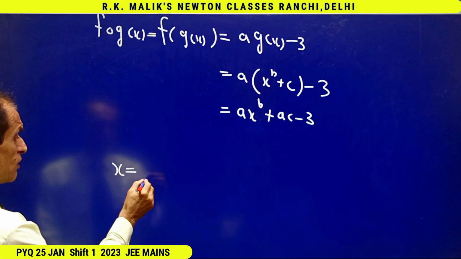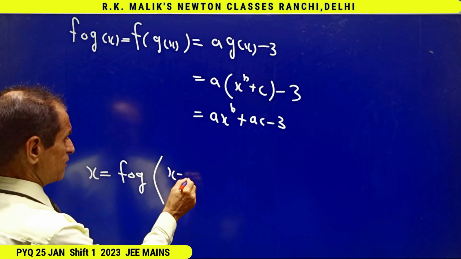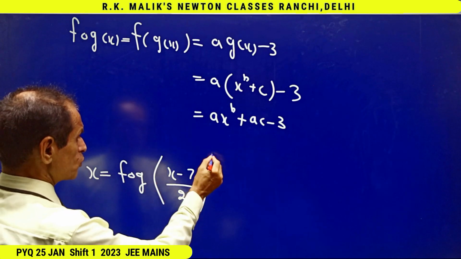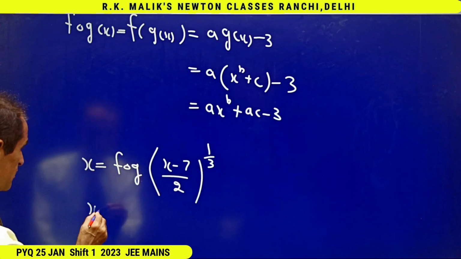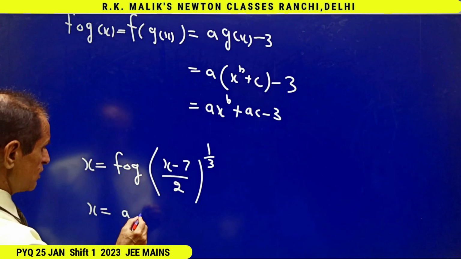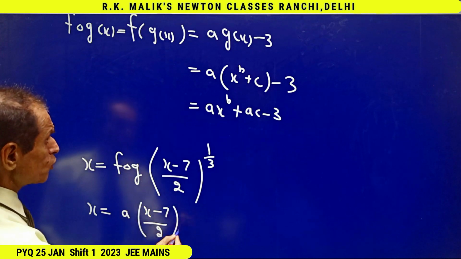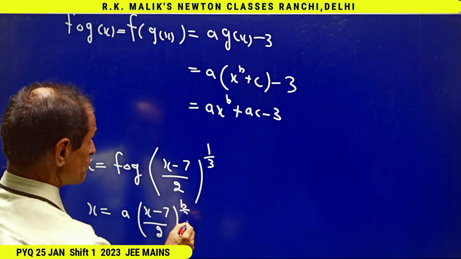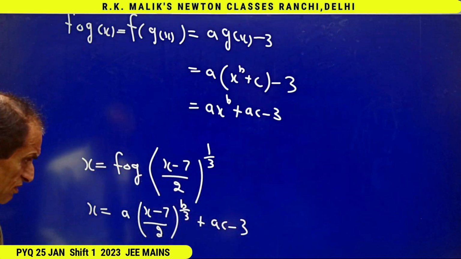That is, I can say x is equal to f∘g of (x minus 7 by 2) whole to the power 1 by 3, that is x is equal to a into (x minus 7 by 2) whole to the power b by 3 plus ac minus 3.